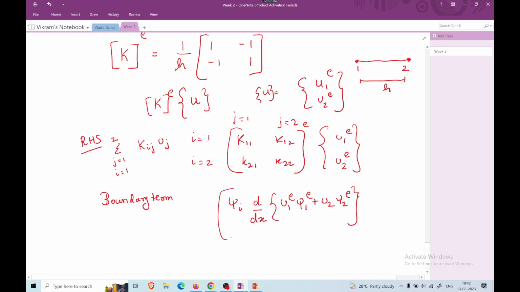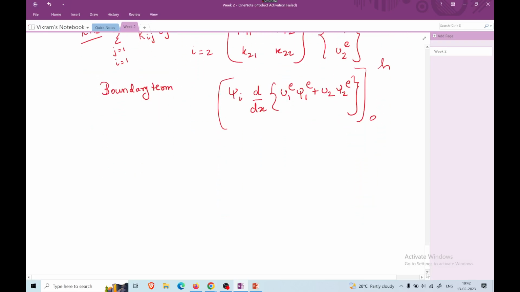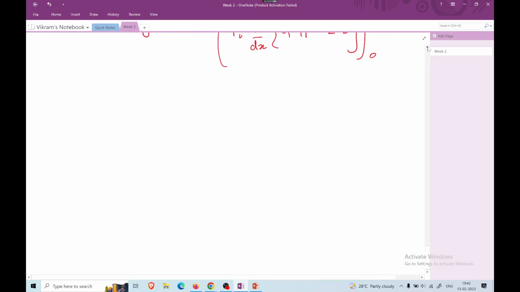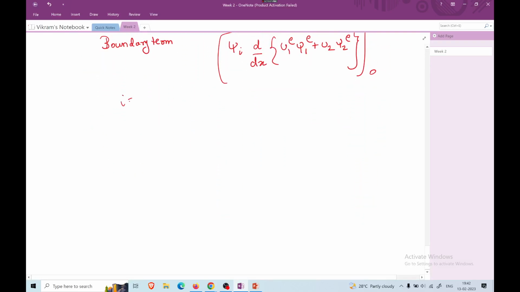The whole thing I am going to evaluate at 2 points, 0 and h. So I have psi i, which means i is equal to 1 and 2. Corresponding to i equal to 1, I will have one term here, and corresponding to i equal to 2, I will have another term here.